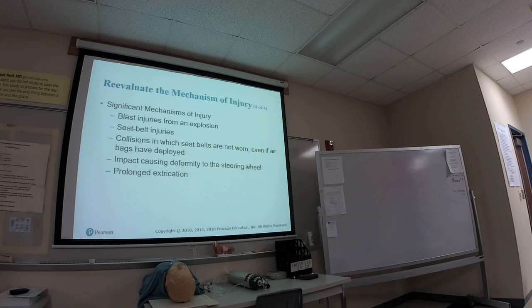To have a bent steering wheel or a broken seat, where the seat is no longer attached to the car, that's a lot of injury. And also a prolonged extrication. This takes a lot of time. We'll talk about that 10-minute window that you want on a trauma scene. You need to document a prolonged extrication.